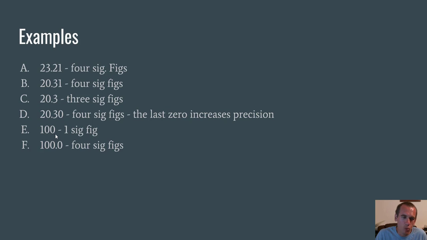Or you could put a decimal point at the end without adding anything else, because if I add this 0.0, that 0 increases the precision, and it tells me the value of the tens place is 0, the value of the ones place is 0, and the value of the tenths place is 0. So this has 4 significant digits. So anytime you use a 0 to increase the precision of something, or it tells me the value of a place, it's significant. But if it's just holding the position, moving over a decimal point, then it's not significant.